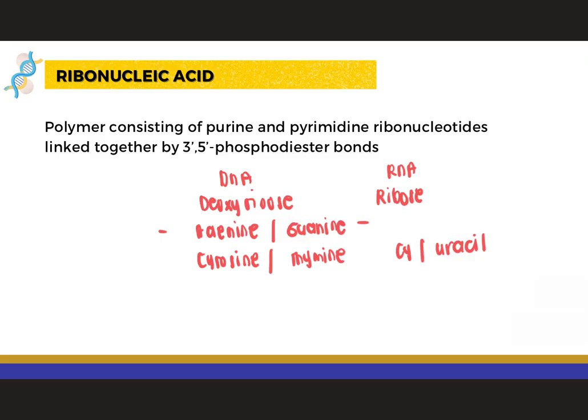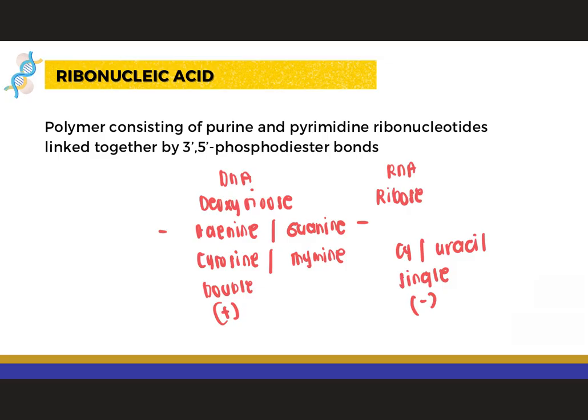So, structure of DNA: your DNA is double-stranded, while your RNA is single-stranded. Talking about Chargaff's rule, Chargaff's rule applies only in your DNA. Pero di siya nag-a-apply with your RNA. Talking about stability, mas stable ang DNA and your DNA cannot be hydrolyzed by alkali due to the absence of your 2' hydroxyl group.